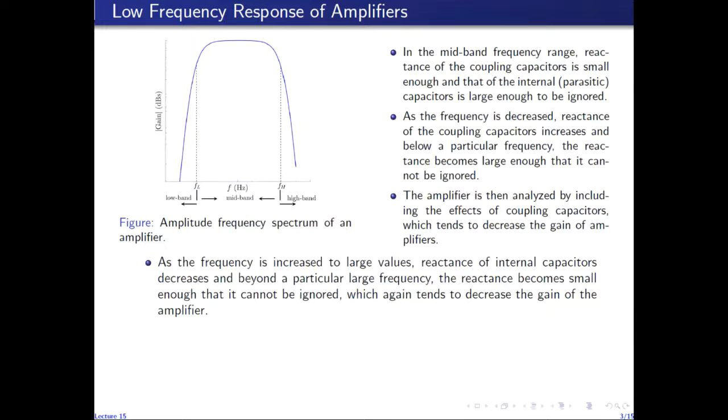So in the high band, which is shown in this diagram here, the amplifier is analyzed by taking into account the effects of the internal capacitors. Both of these effects, that is the effect of coupling capacitors on the low frequency side and the effect of internal capacitors on the high frequency side, tend to decrease the gain of the amplifier below its mid-band value.